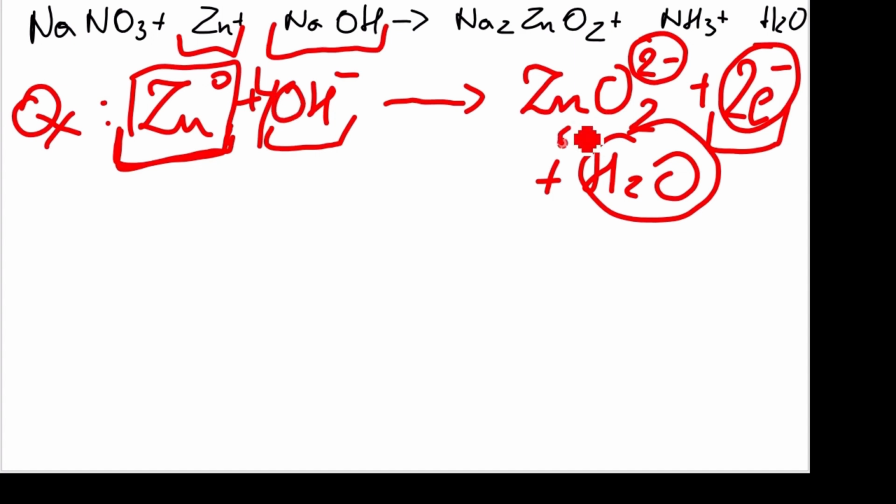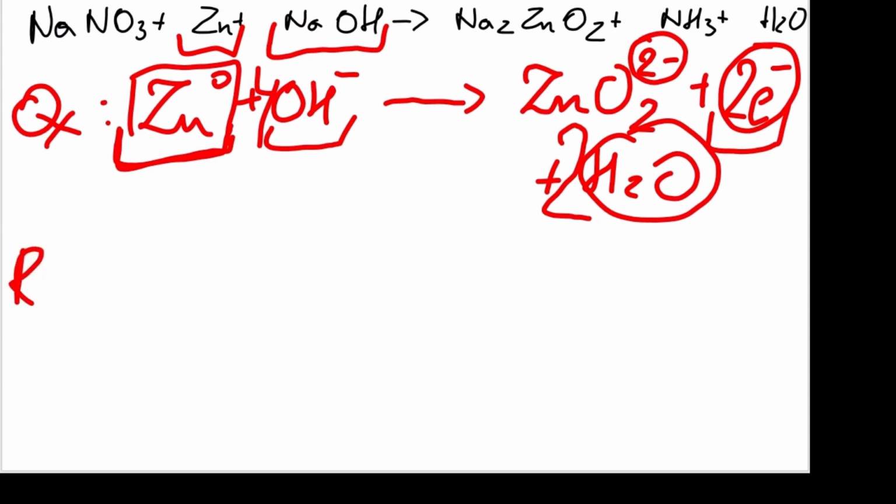So we need to put 2 in front of the water particle. What about the hydrogen? On the left side, 4 atoms of hydrogen. On the right side, also 4. So, okay, we accomplished the balance of charge and the balance of matter in the oxidation half-cell reaction.